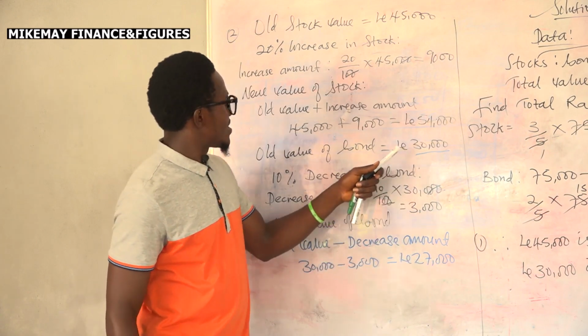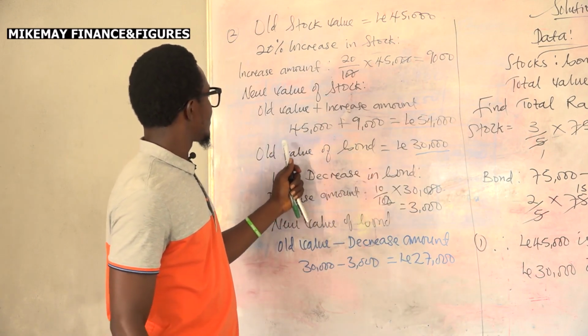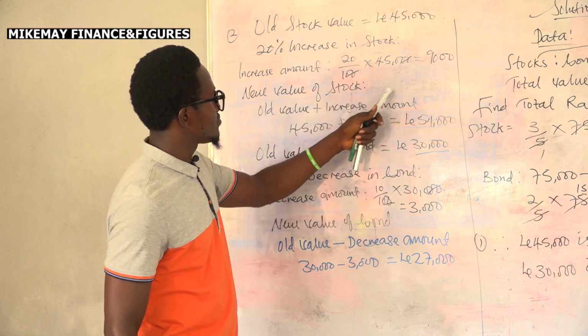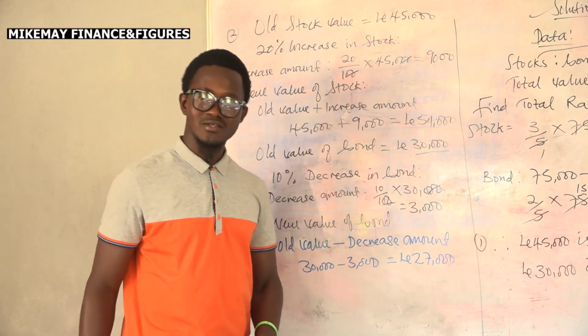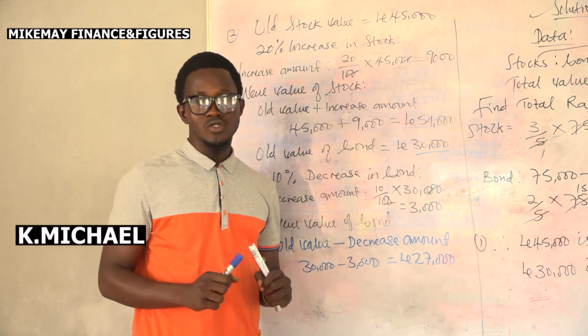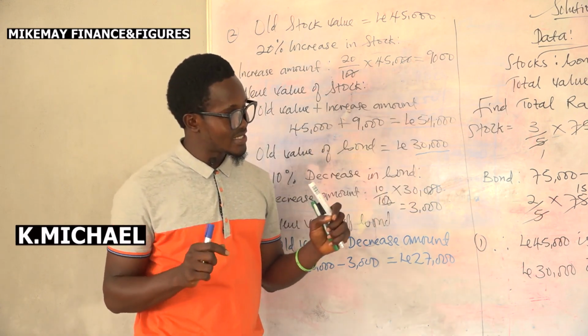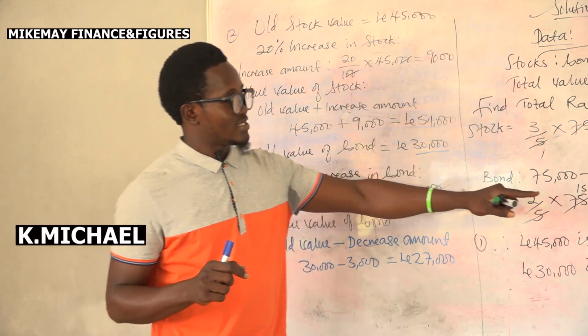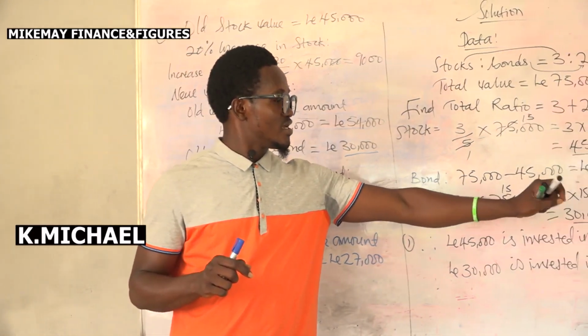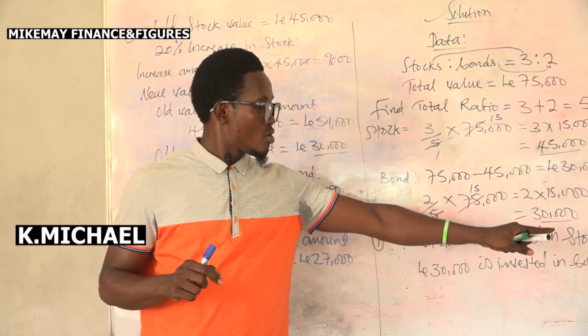So practically, this is not the answer. This and what we got here as the new stock value, which is 54,000, are not the answer, but they are leading us to the answer, because the question is asking us what will be the new portfolio value.